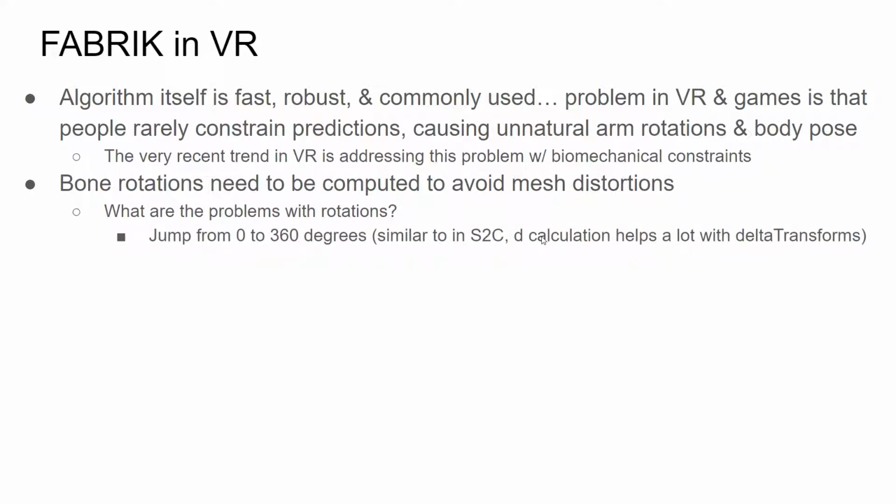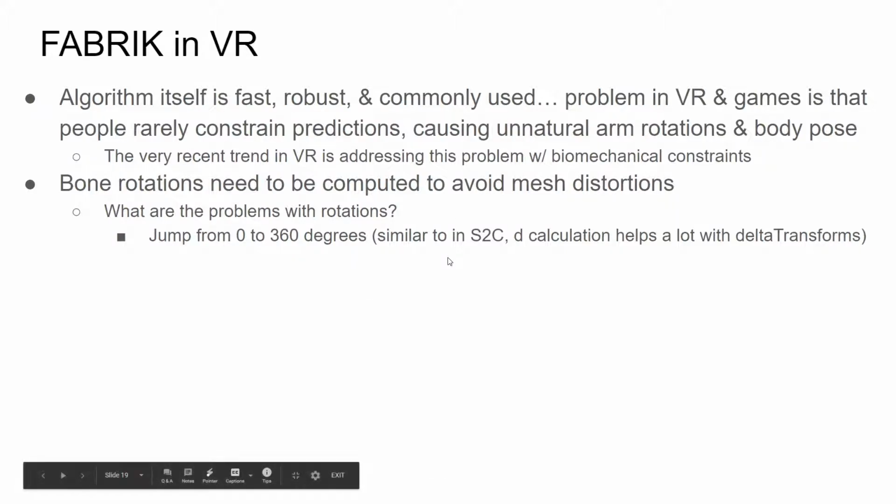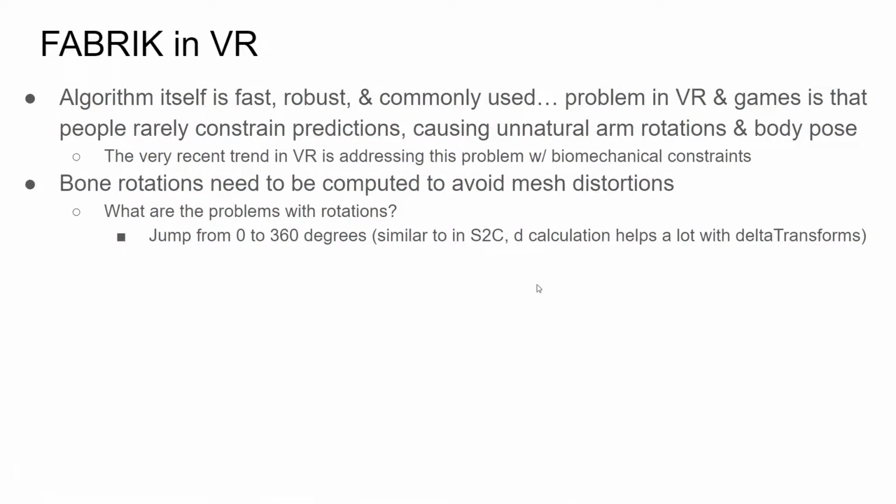For example, just like with steer to center, you still have this problem where the rotation can jump from 0 to 360, or it can jump from 0 to negative 360, which is an equally annoying problem, or negative 359.99999, rounding errors and so on. So you might want to do the delta calculation anyway that we did in steer to center, just to figure out the delta transform as opposed to the world transform.